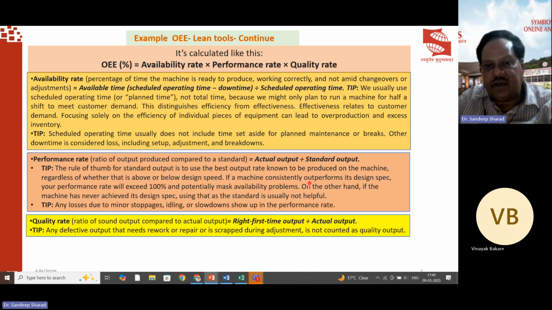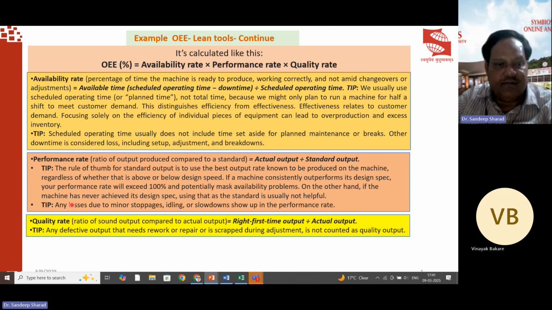If a machine is consistently outperforming its design specs, your performance rate will exceed 100% and potentially mask availability problems.